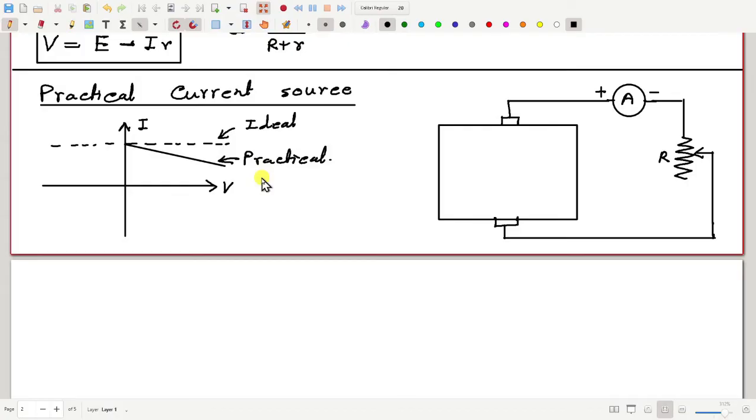Now how can we explain or model this behavior, that current decreases for a practical current source as terminal voltage increases? Here this is a practical current source, and V is the voltage from here to here, plus and minus.